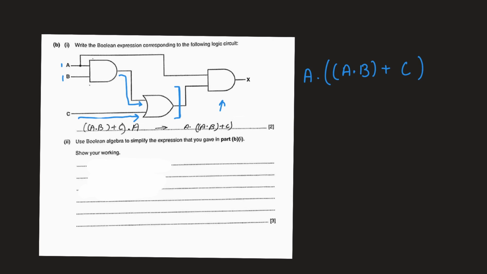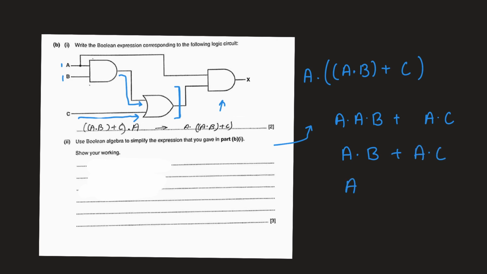Okay, in the next part, we are going to be simplifying this. Use Boolean algebra to simplify the expression that you gave in part B1. So let's expand it. We have A dot B plus A dot C. We remember A dot A is going to give us the output as A, so we have A dot B plus A dot C. Can we simplify it further?